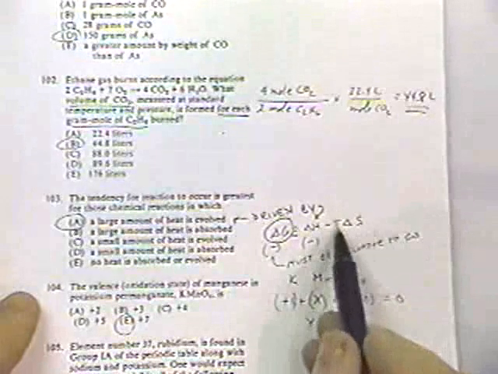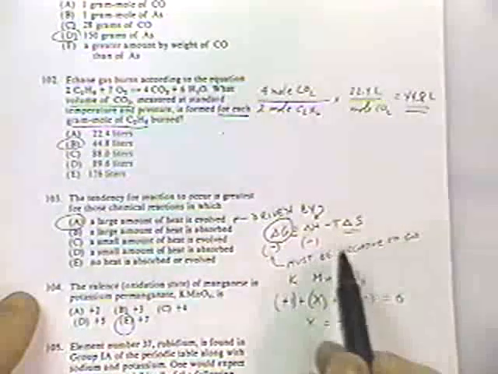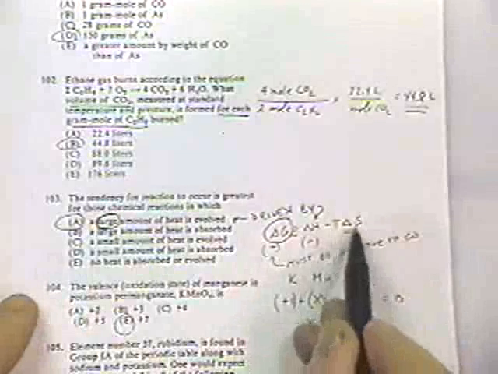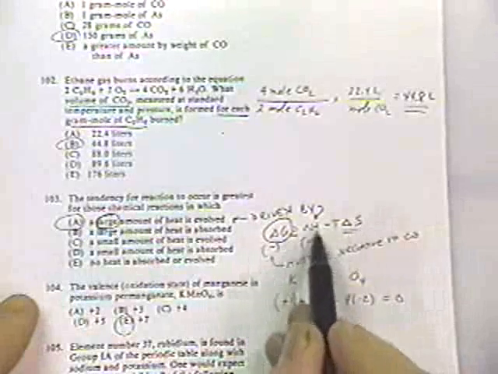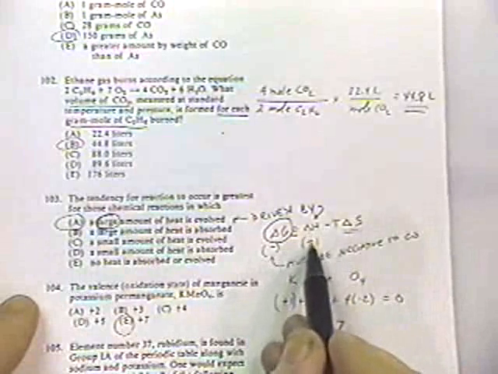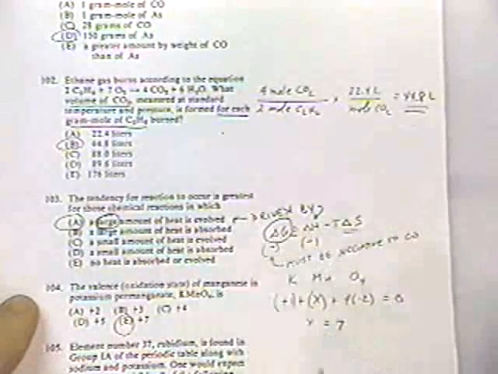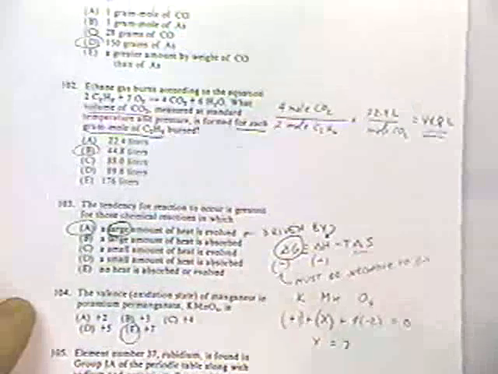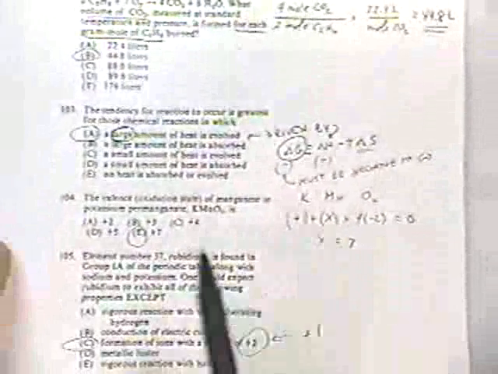Now in some cases we could overcome that through entropy considerations, but they made a point of saying a large amount, so it's unlikely entropy would ever be able to overcome that. So if you have a large amount of heat given off, that is a very strongly negative enthalpy, that'll make the Gibbs free energy change also negative, and a negative delta G is what makes the reaction go. So that's a little bit of thermo there.